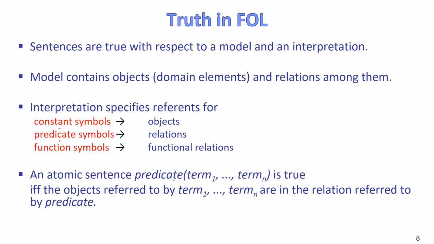If I have a predicate like this one, in general, this predicate is true if the objects referred to by these terms are actually in this relation in reality. So this atomic sentence is true if and only if the objects referred to by term 1, term 2, and term n are in the relation referred to by the predicate.